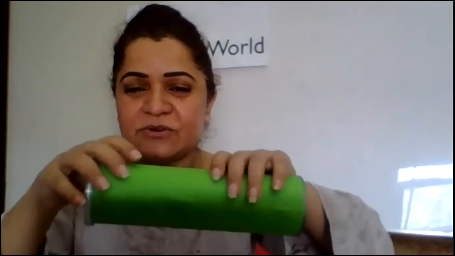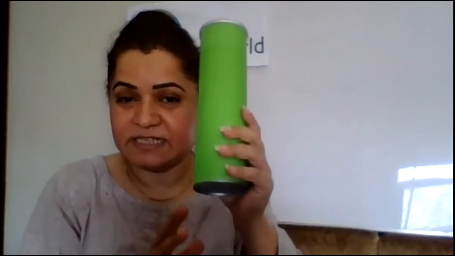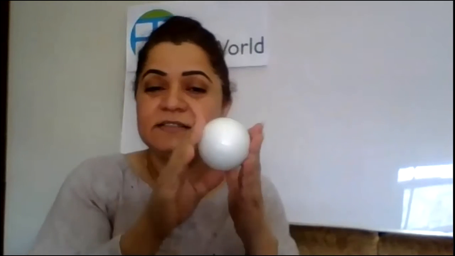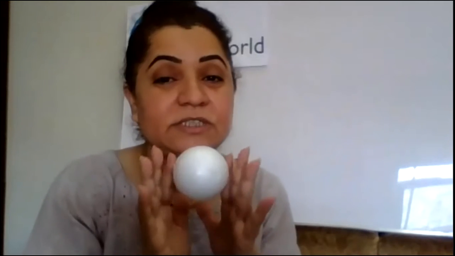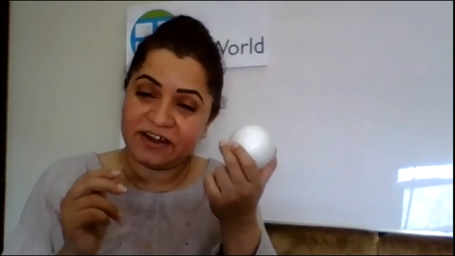This rolls and rolls and rolls. So remember, we did cylinder as well. And what do we call this? Sphere. Yes, sphere. So these are 3D shapes, and we did 2D shapes as well.